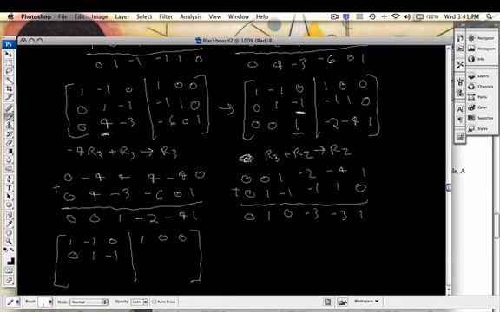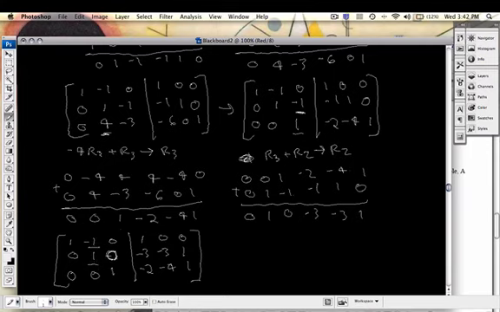Oh, I'm sorry, that's my new row 2: 0, 1, 0, negative 3, negative 3, 1. And my row 3 is 0, 0, 1, negative 2, negative 4, 1. Okay. Now everything looks good except for this negative 1.